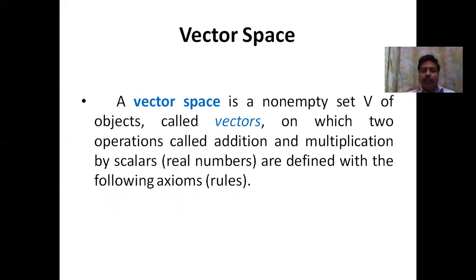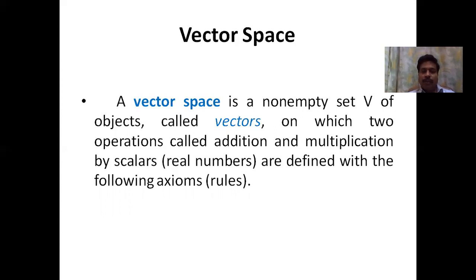So here we call the elements of the vector space as vectors. So here we have two terms, vectors and scalars. Scalars, usually we take real numbers, but we can take any field which we come across in group and field theory. So usually we take real numbers, then we get a real vector space, but for simplicity, we can call it as vector space.